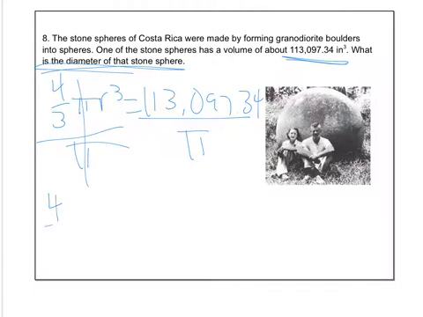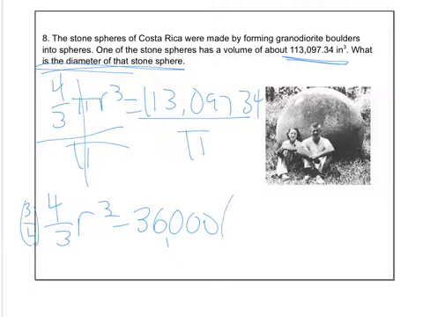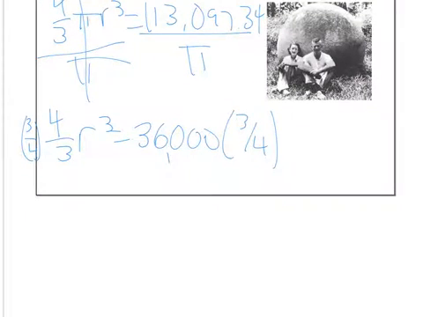That gives me 36,000. So now, solving this, if I multiply by a reciprocal, that gives me that.